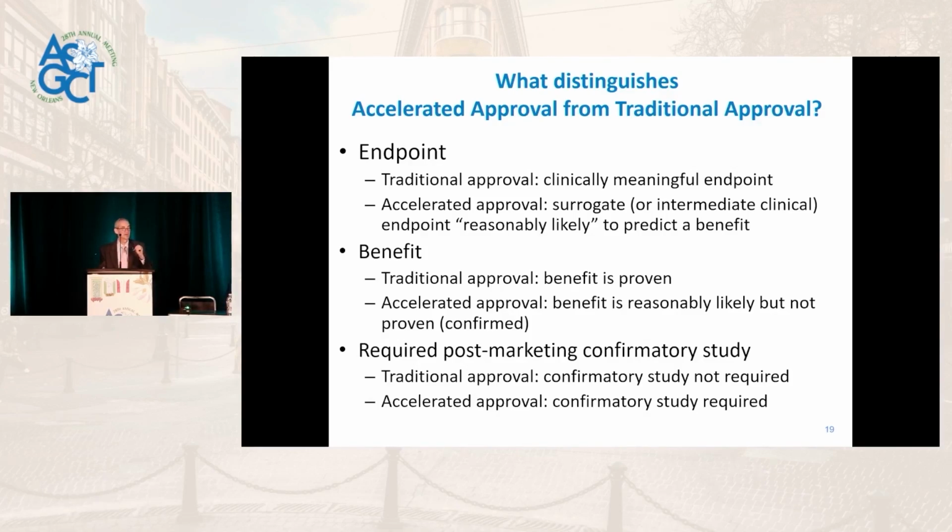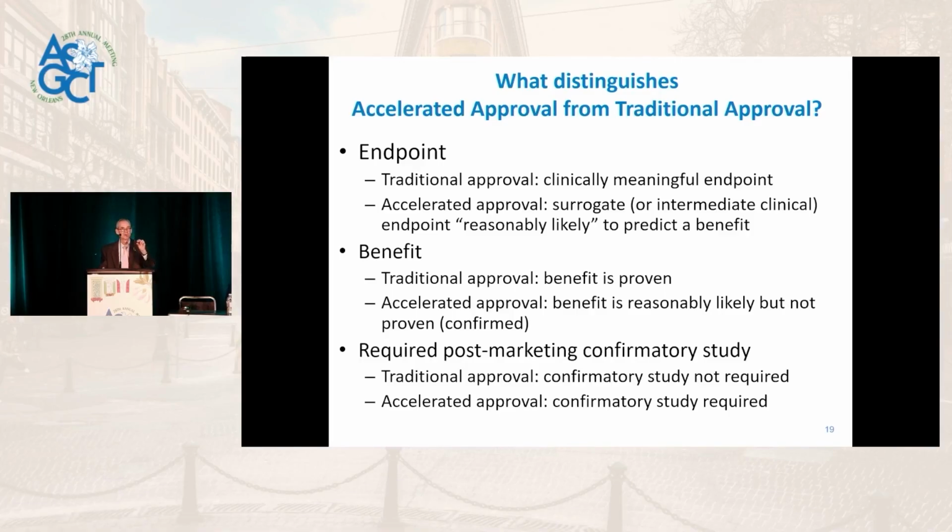So the benefit under traditional approval is proven, well established, but the benefit under accelerated approval has not been proven. So if something has accelerated approval, it has no proven benefit. It has a benefit that is reasonably likely.